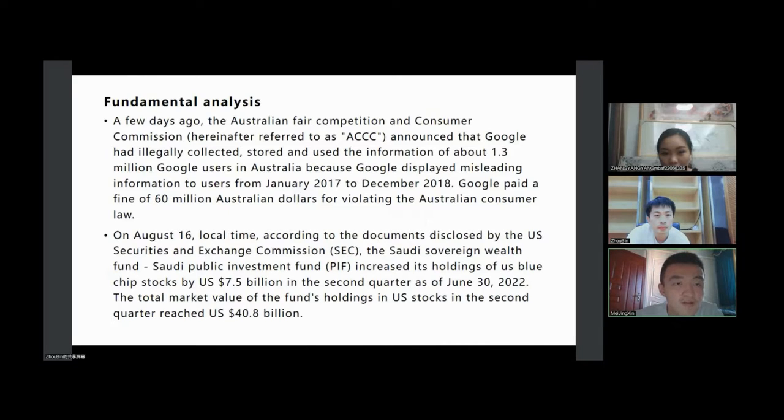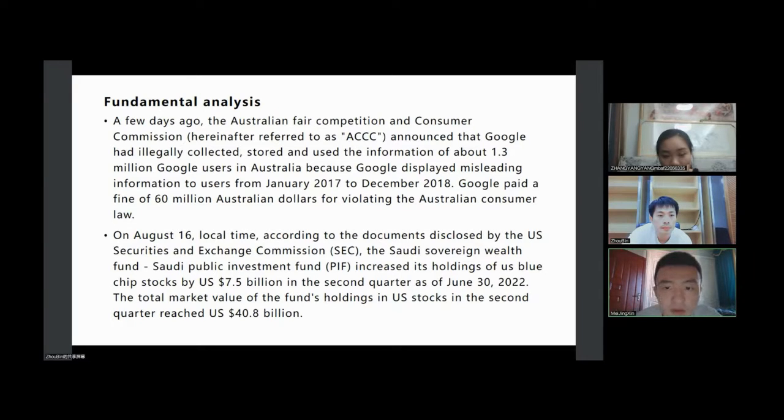Fundamental analysis. A few days ago, the Australian Competition and Consumer Commission announced that Google had illegally collected, stored, and used the information of about 1.3 million Google users in Australia.